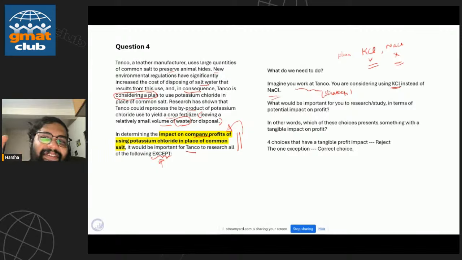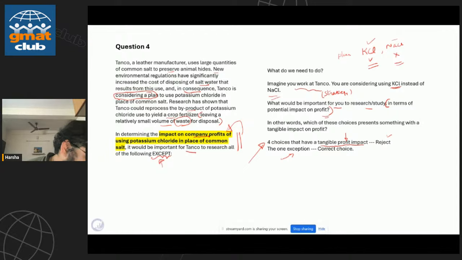You're considering using potassium chloride instead of sodium chloride. For you, what would be more important for you to study? But in terms of what? In terms of impact on profit. So if you do the switch to potassium chloride from sodium chloride, what could be the impact of profit of these choices? And it's an accept question. So you will find 4 choices that have a very tangible, clear potential impact on profit, which you should reject. The one exception should be your correct choice, right?